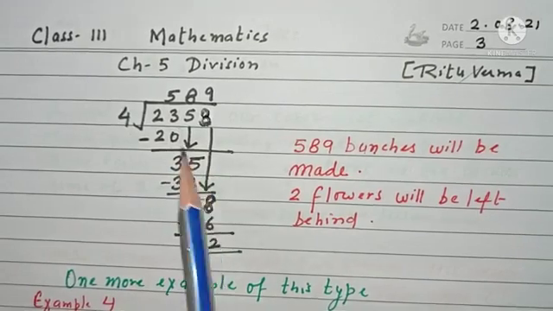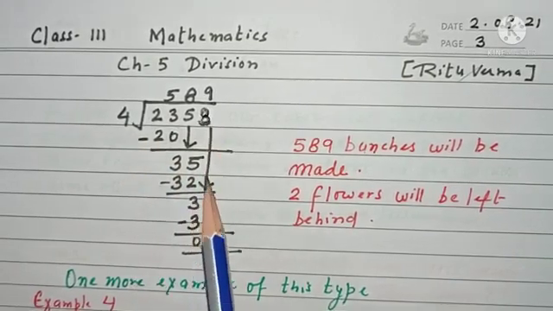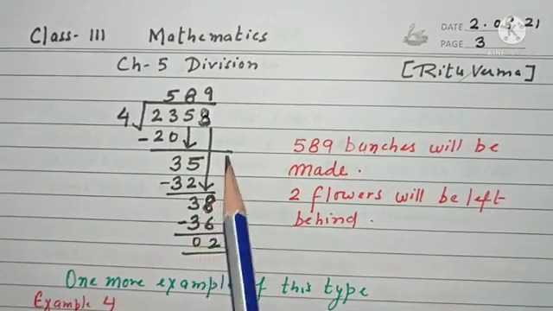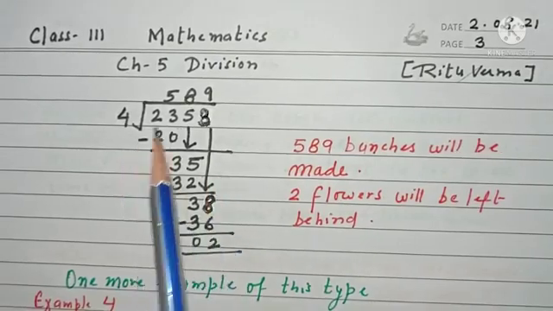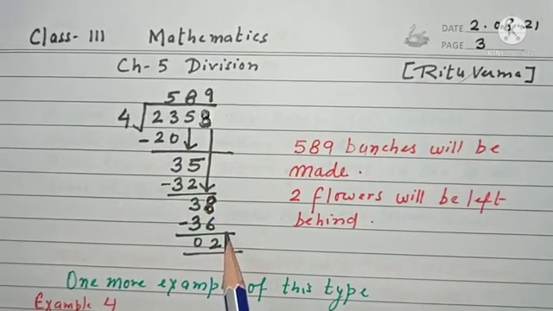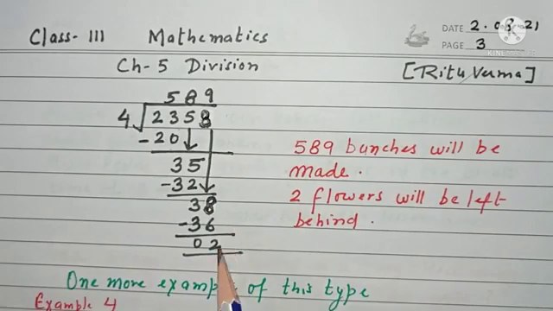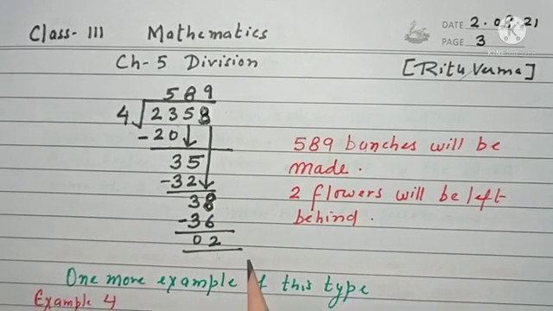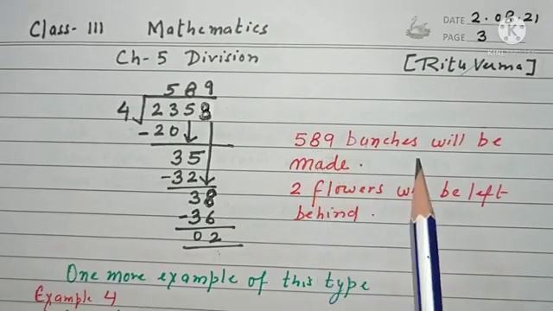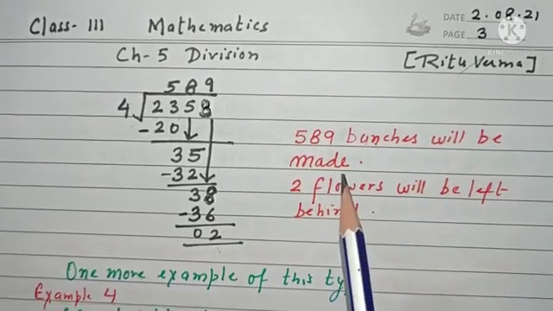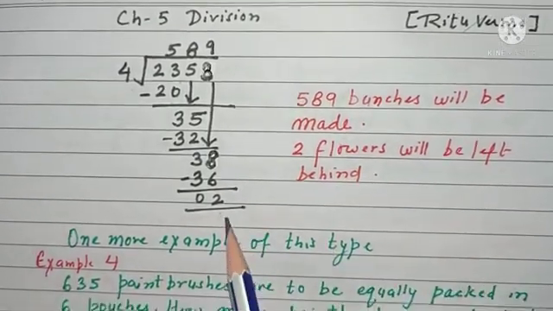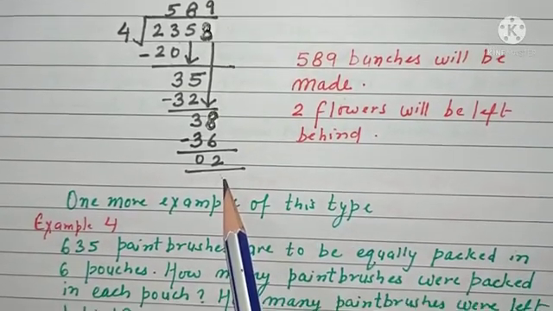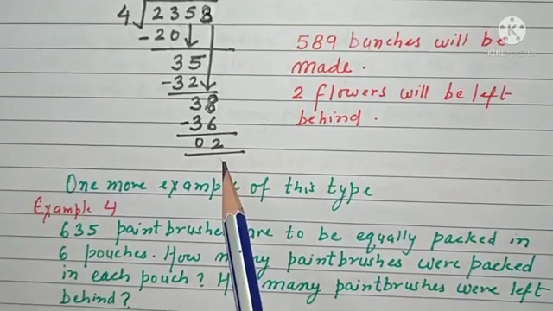Putting 5 down. 4 8s are 32. 5 minus 2 is 3. Putting 8 down. 4 9s are 36. So here we have got the remainder also, that is 8 minus 6 is 2. So students, here 589 bunches will be made using 4 flowers, and then 2 flowers will be left behind which are not part of a bunch.